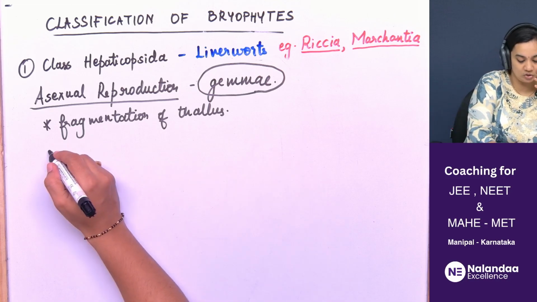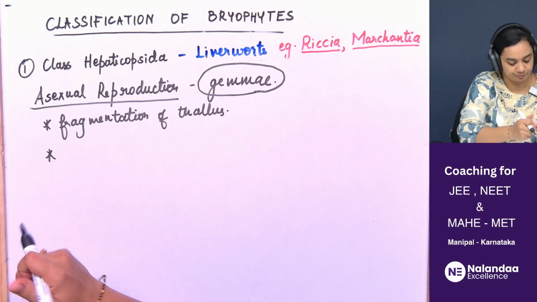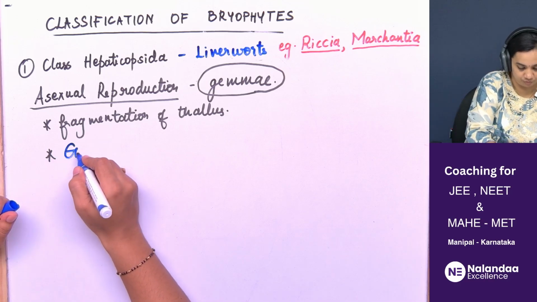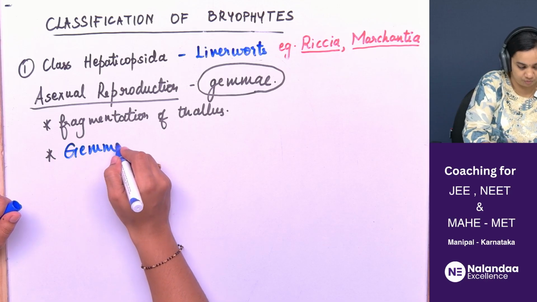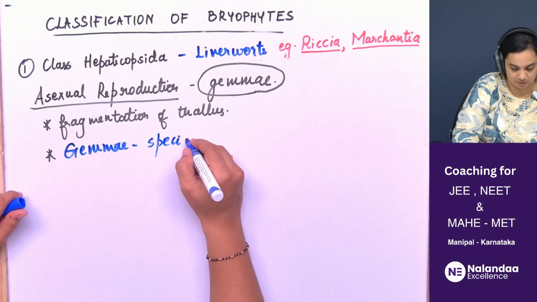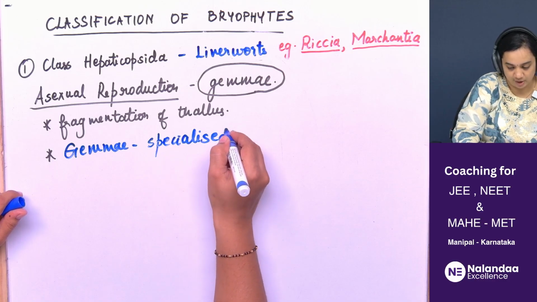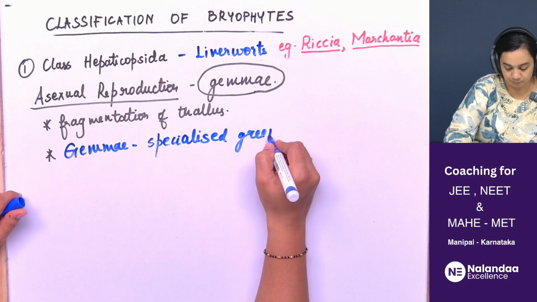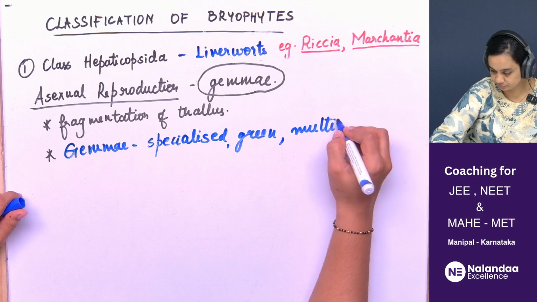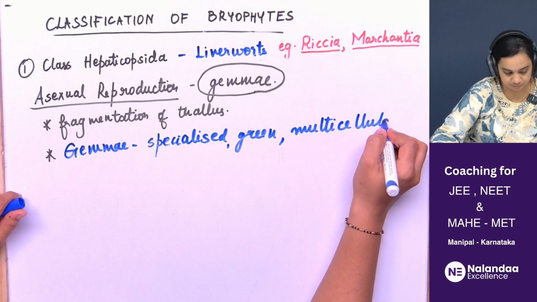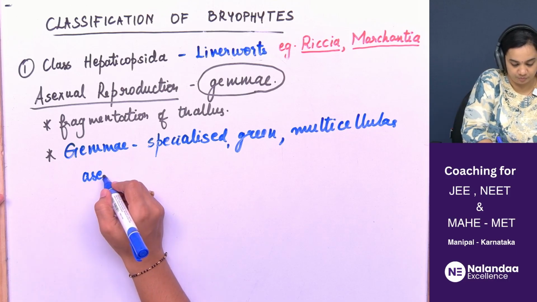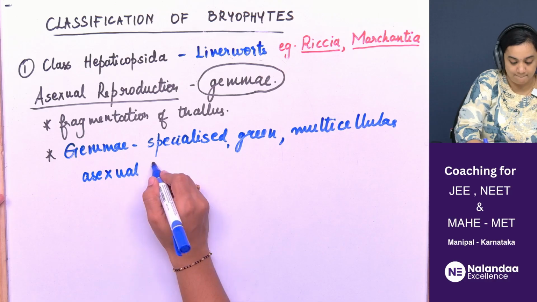Now these gemmae are specialized structures which are green, multicellular, asexual buds.